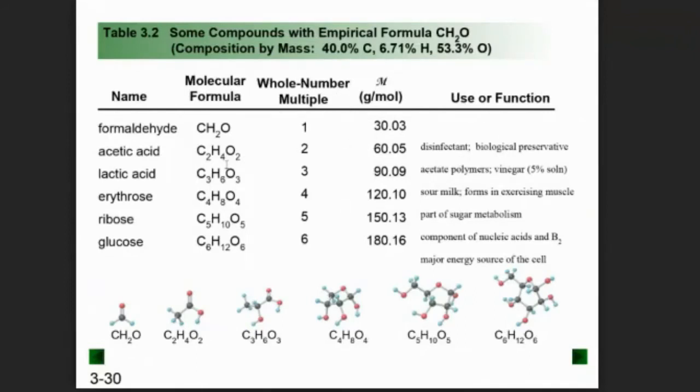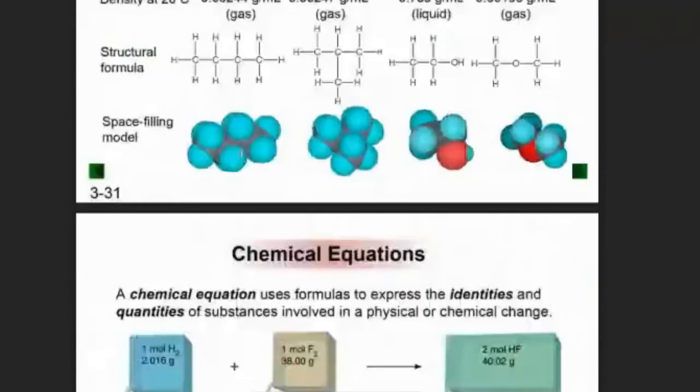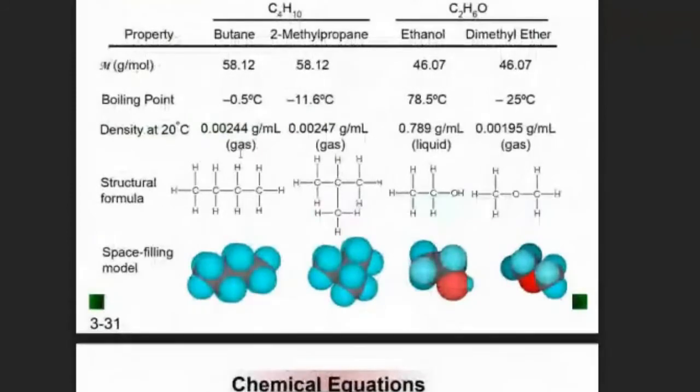You calculate it by taking the molecular formula mass and dividing it by the empirical formula mass. So if you took this one, calculated all the masses, and divided by the empirical formula mass, it gives you 2. So you would take this empirical formula and multiply it all by 2 to get acetic acid. Lots of good things, and the bottom ones show you how they look. Things behave totally differently.